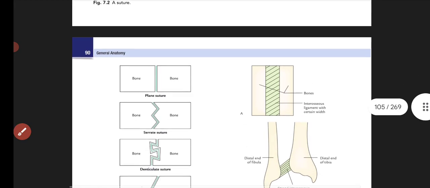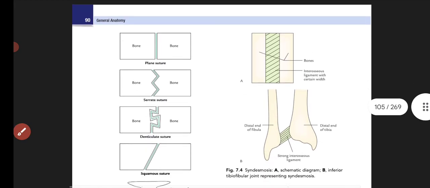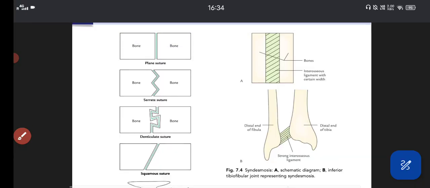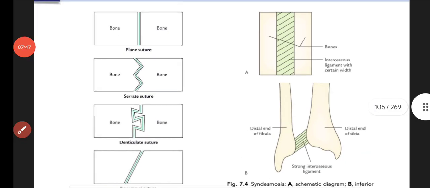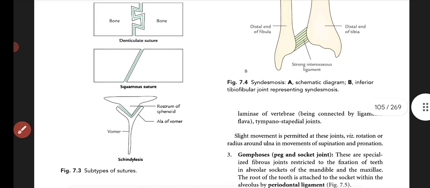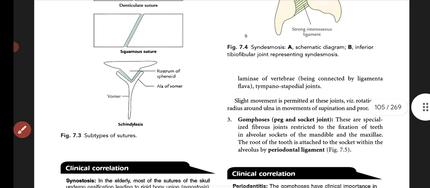Next one. These are the plain suture, serrate suture, denticulate suture, okay, and squamous suture, and schindylesis. Schindylesis is the rostrum of the sphenoid and alae of the vomer.